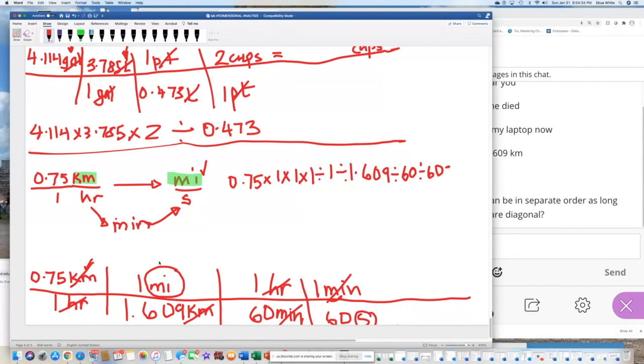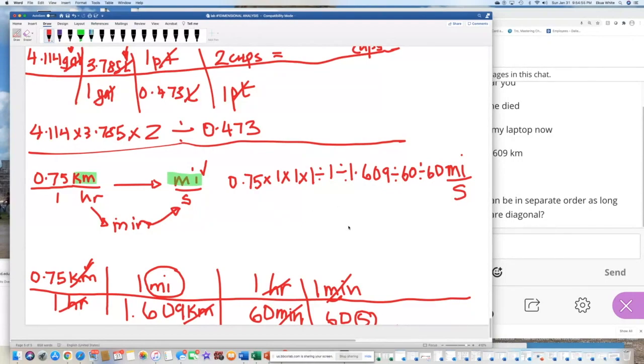So the units that remain will be written in the proper position. So the miles will be on top because that's where it is right now, and then the seconds will be on the bottom. Once you do all your math, multiply all the top ones, divide all the bottom ones, whatever number you get, the unit is miles per second, and that's it.